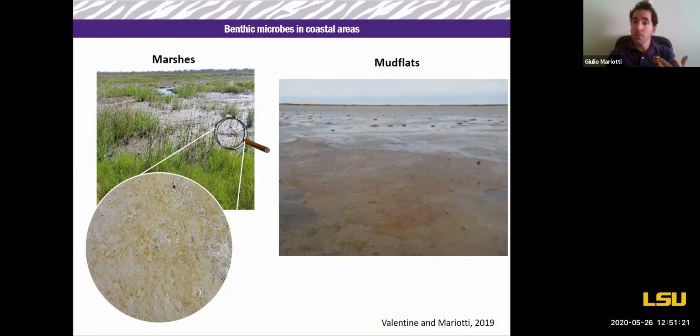Here we can see an image of a marsh where in the interior the vegetation is gone and the mud is colonized by these microbes. You can see this brownish color is actually made of microbes. And on the right, there is a mudflat, so it's a large extent without vegetation. And the brownish red color in the foreground is actually made of microbes.